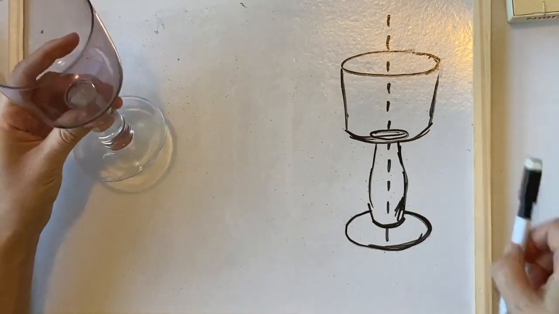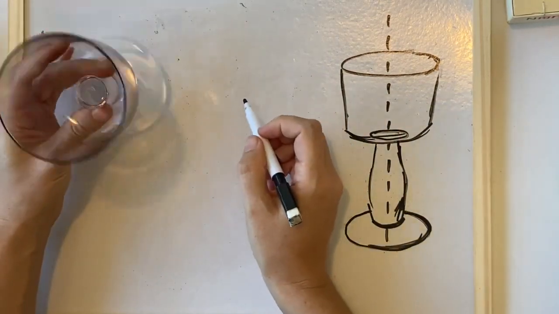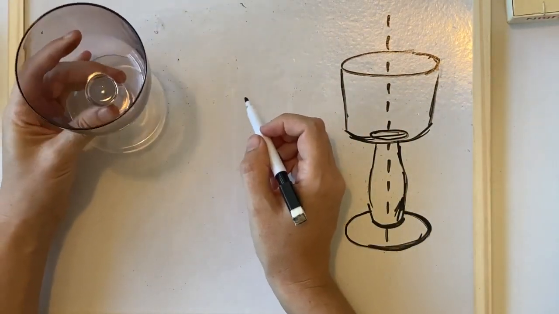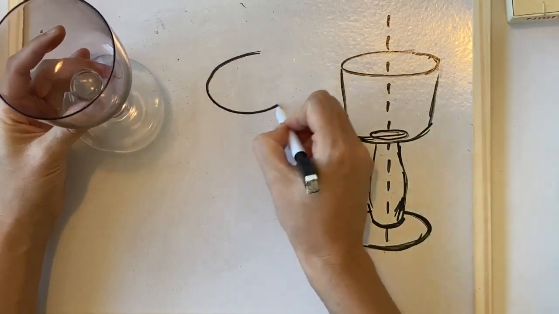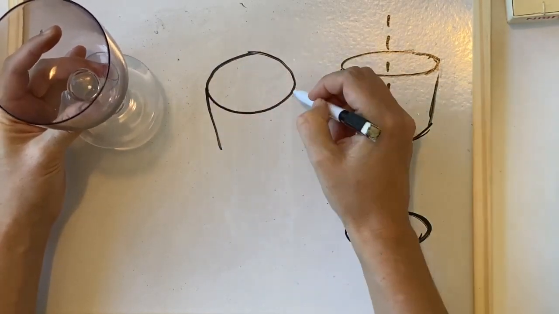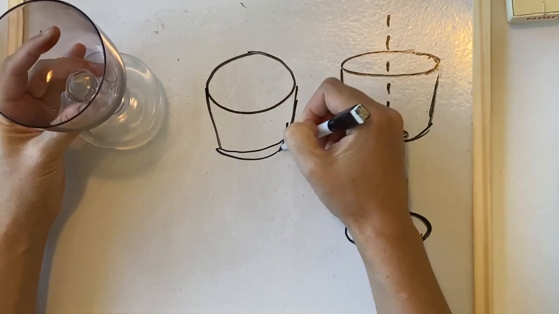If you draw the same thing, but at a different angle, it's going to look different, right?